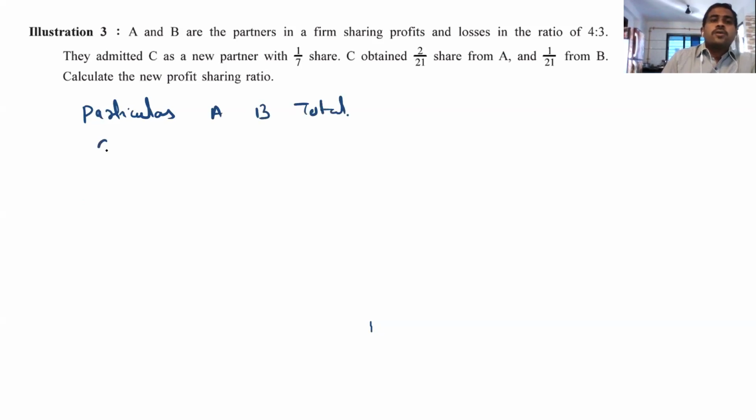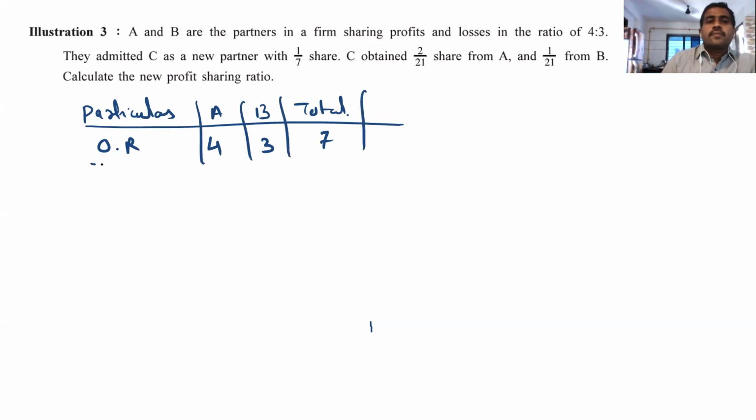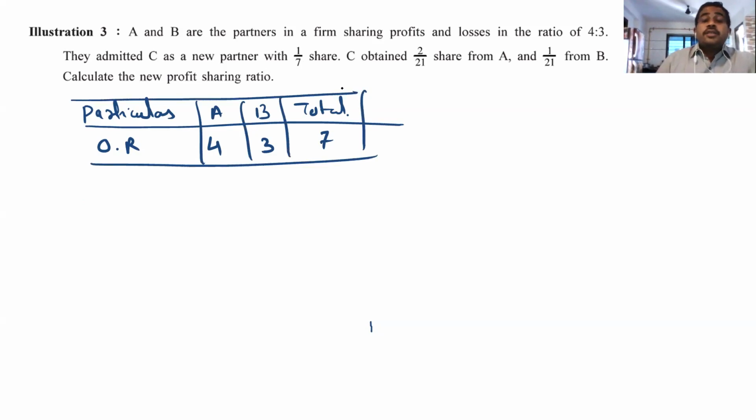Old ratio is 4, 3 and total comes to 7. They admitted C with the share 1 by 7.